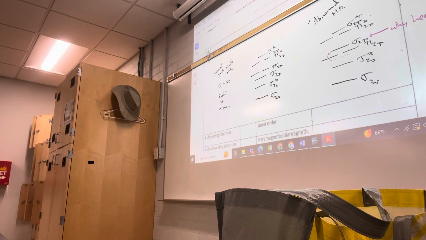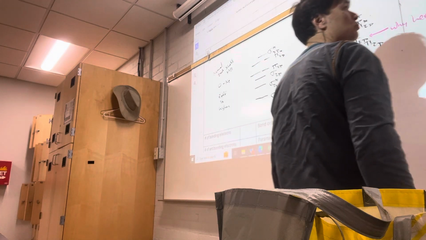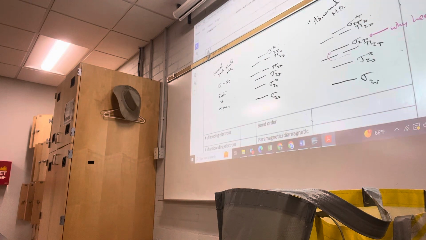So, well, let's go back to the normal diagram and we look at a higher Z effective. And what we're going to do is we're going to look at the sigma 2s and the sigma 2p. So when the Z effective is higher, the sigma 2s is smaller than the sigma 2p.